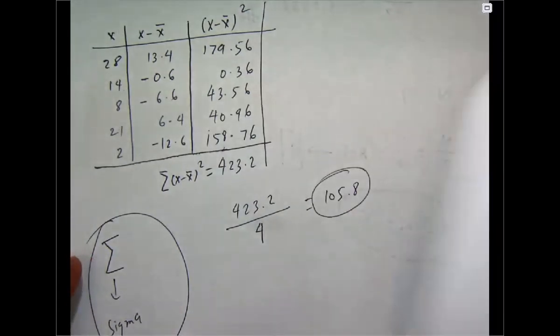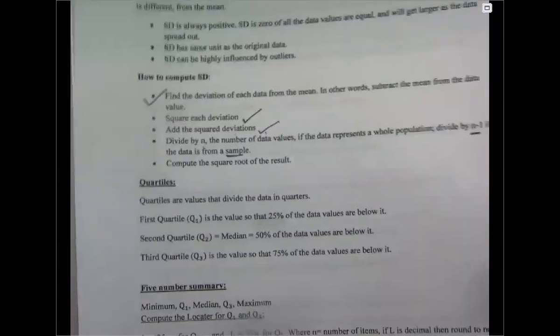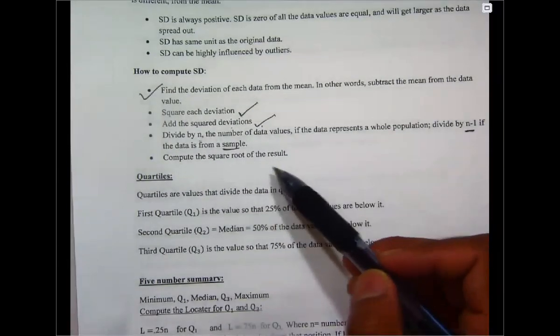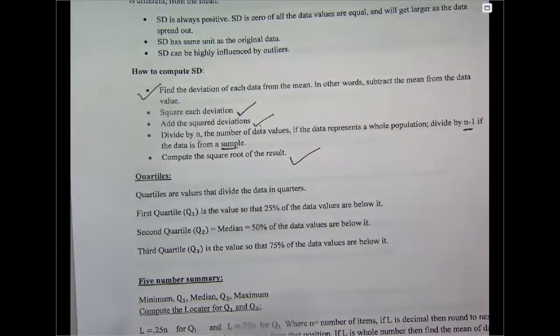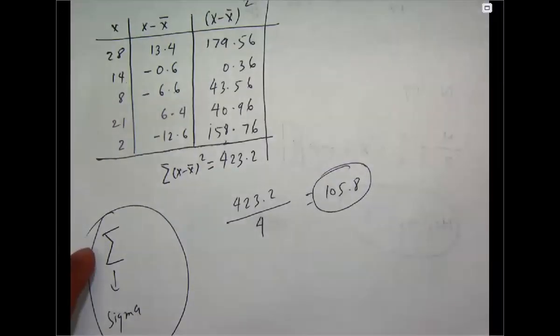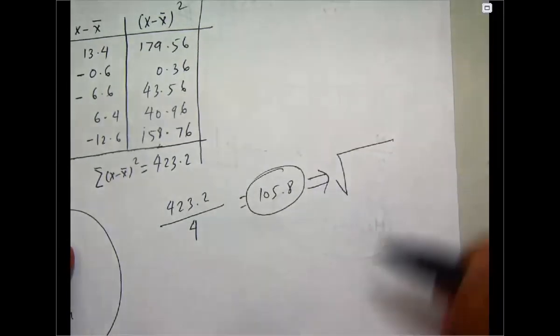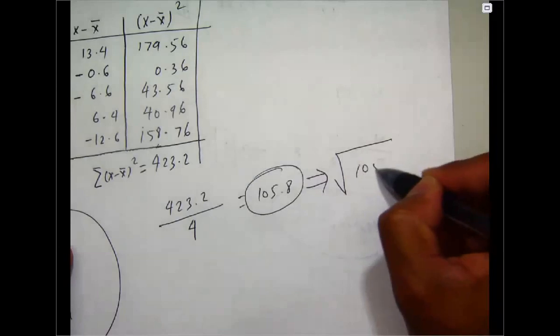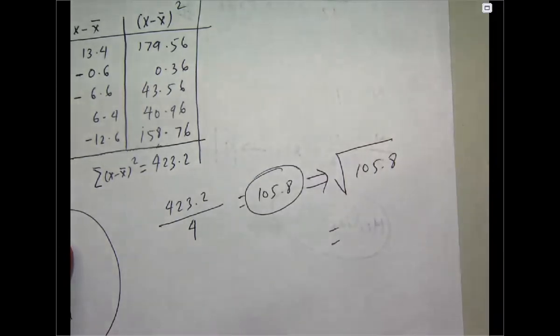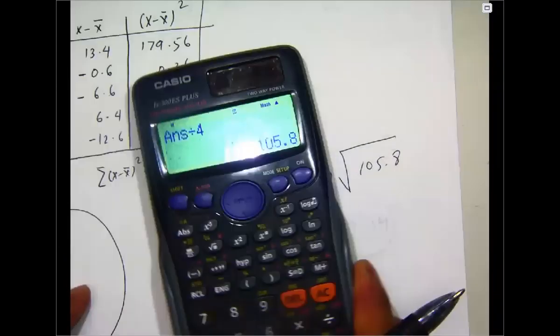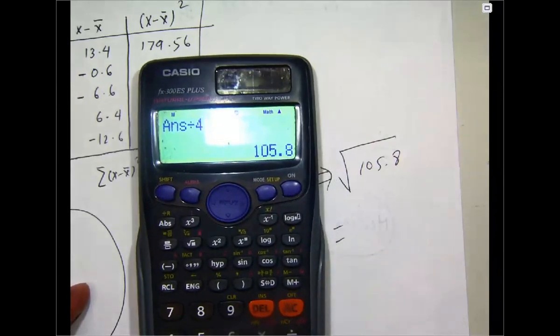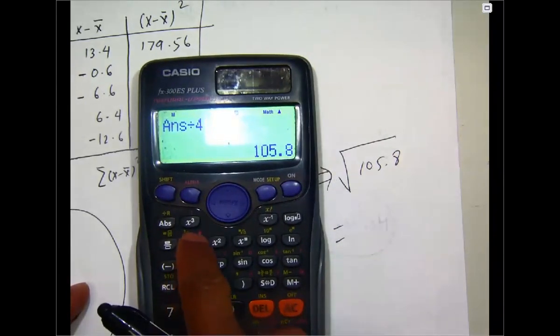Are we done? No, we still have to do something else, and that is the last step here. Compute the square root of the result. So after finding this 105.8, that's not your final answer. You have to find the square root of this number, which you can find from this calculator. Here is the square root sign.